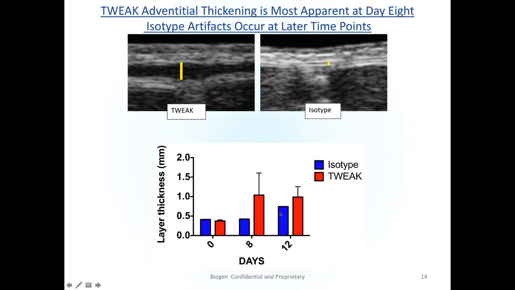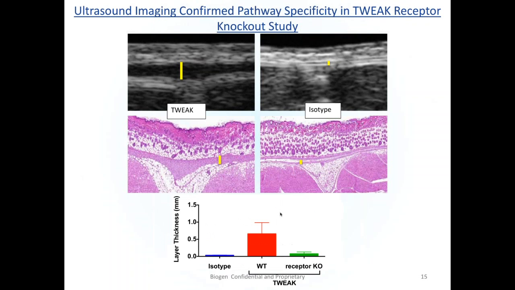And so we felt that this was actually a result of all of the hair removal that we were doing at this time, because the skin just appeared to be sort of more swollen and irritated because of the repeated hair removal. So again, the beauty of longitudinal ultrasound imaging on the same mice, on a single mouse over time, was able to define that the best time to run this model, the best time to look at our ultrasound images on this model was probably day 8, and if we waited till day 12, we might have some other confounding effects of the skin.